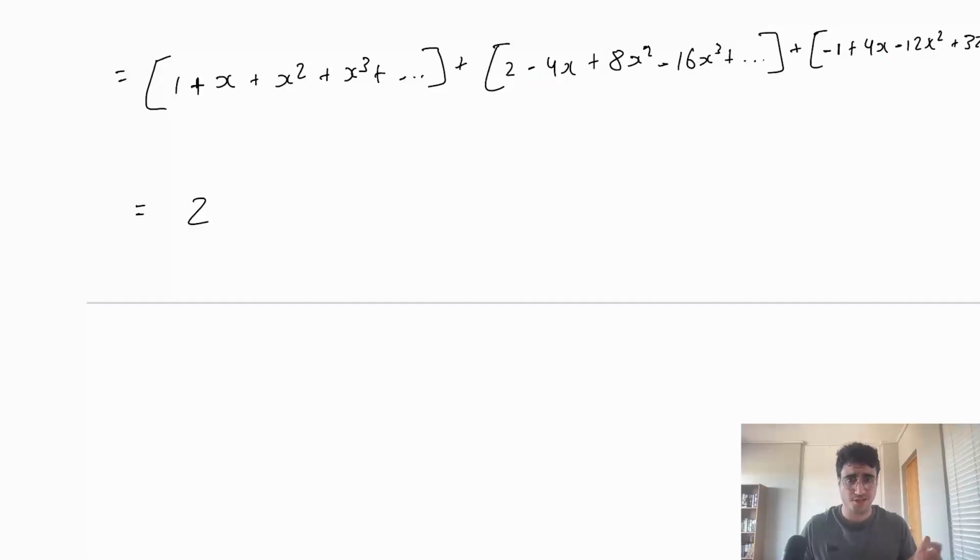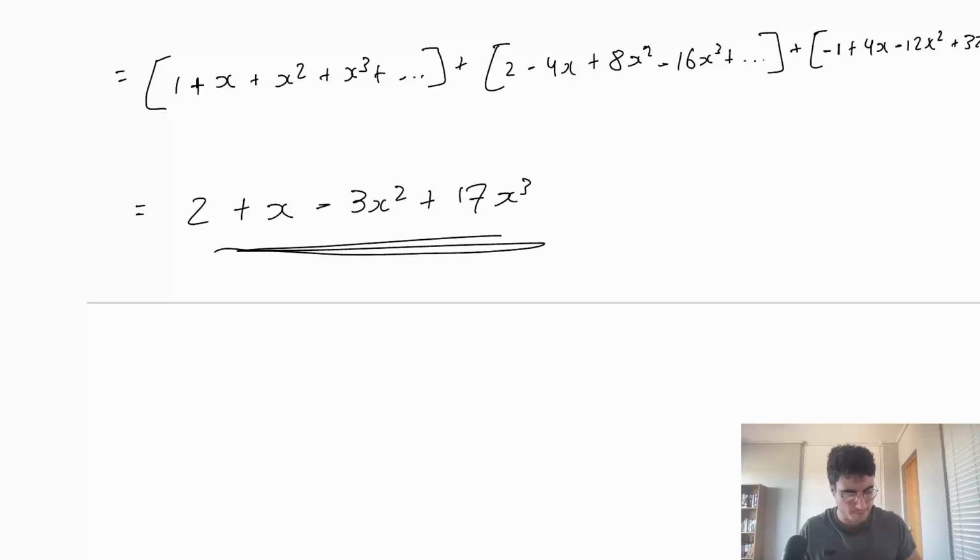So therefore we're just going to have plus x. For the x squared term, we have 1x squared plus 8x squared minus 12x squared. So therefore minus 3. For x cubed, we have 1x cubed minus 16x cubed plus 32x cubed, which means we have plus 17x cubed here. So that is going to be our expansion up to x cubed.